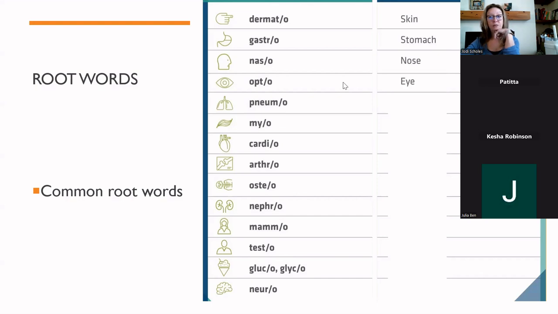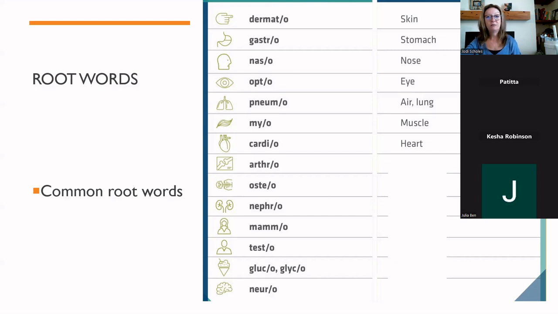Opto, ophthalmologist, we talked about. Pneumo has to do with air in the lungs. Myo, one of your favorites. Muscle. Cardio, touch it. Good, heart.